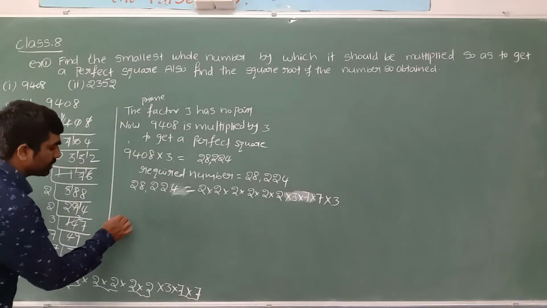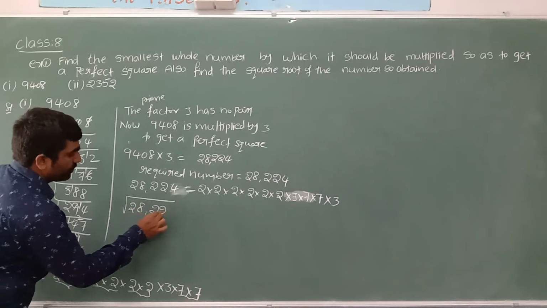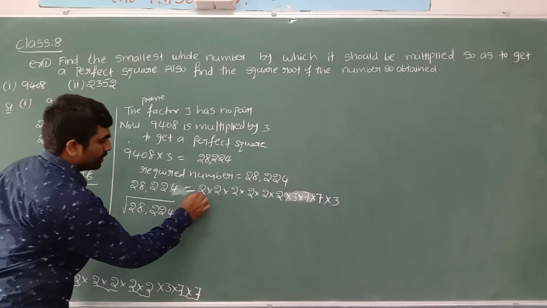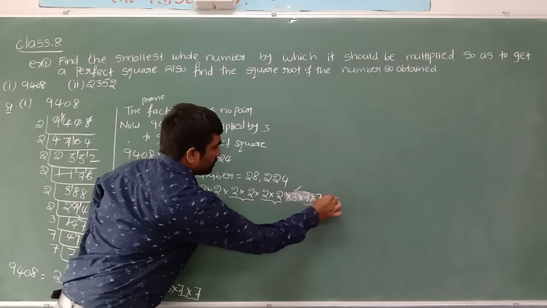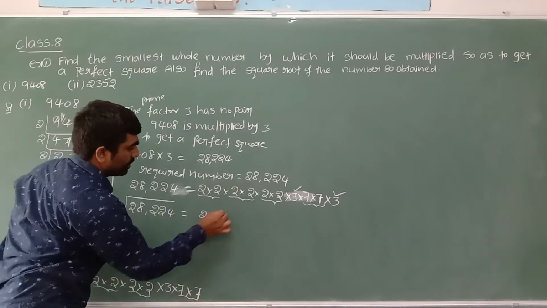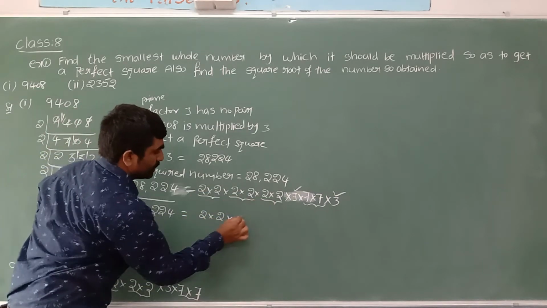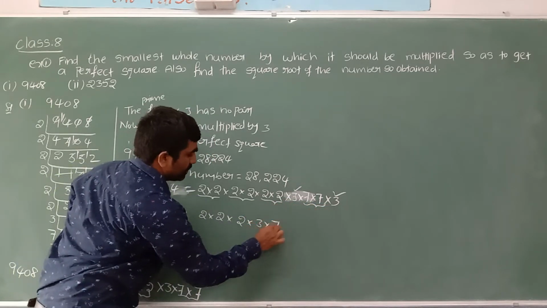Now we can see the exact pairs. Therefore, square root of 28,224 is equal to, yes, I can see the exact pairs now. Even these both together we can see one pair. For each pair we can take one number outside: 2 into 3, I can see the pair here, into 7.